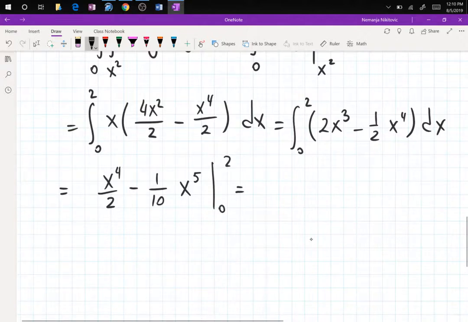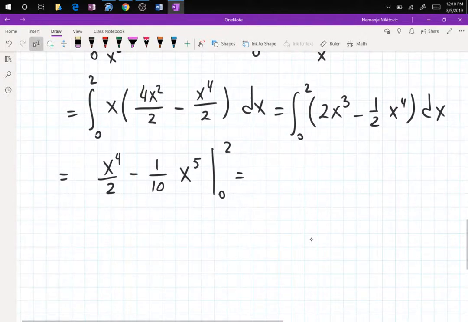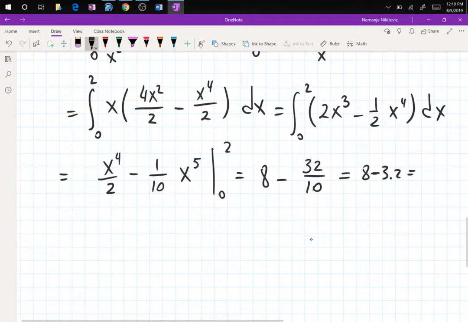We don't have to worry about 0, it's a polynomial. So 16 over 2 is 8, minus 32 over 10. Well, that's just 3.2, so 8 minus 3.2 is 4.8. Done deal.